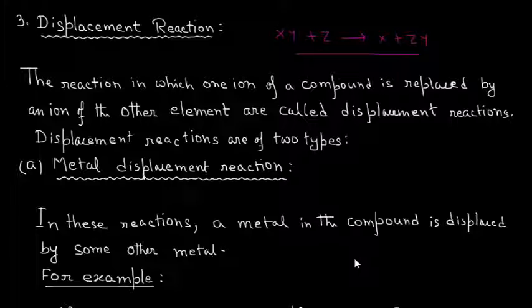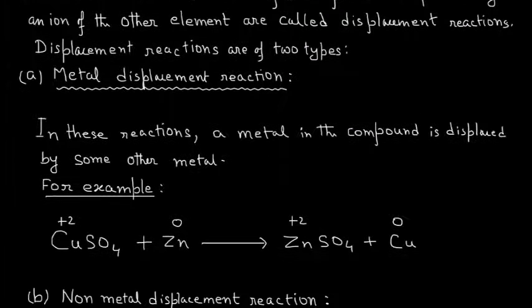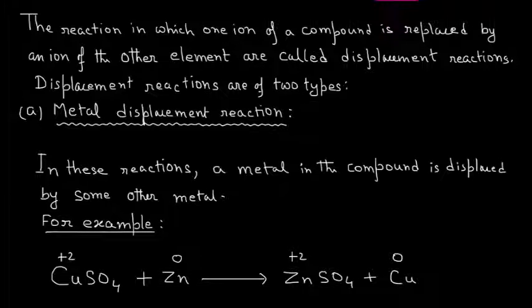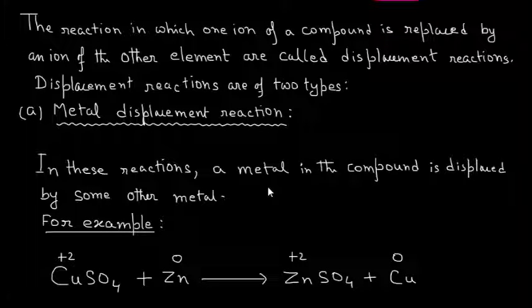For example, CuSO4, copper sulfate, plus zinc gives zinc sulfate plus copper. Here zinc replaces copper from copper sulfate to form zinc sulfate. So this is an example of a metal displacement reaction.